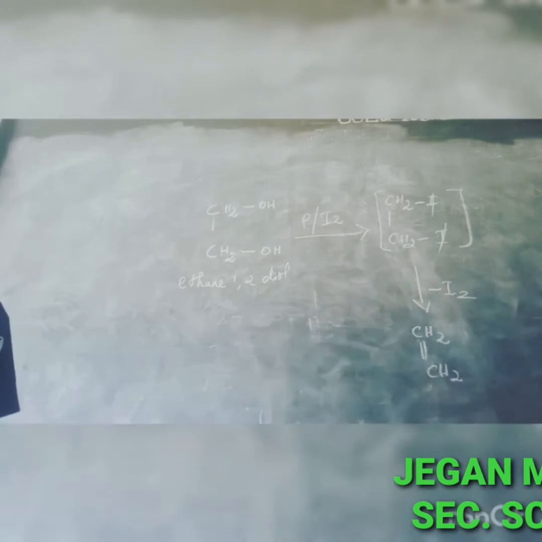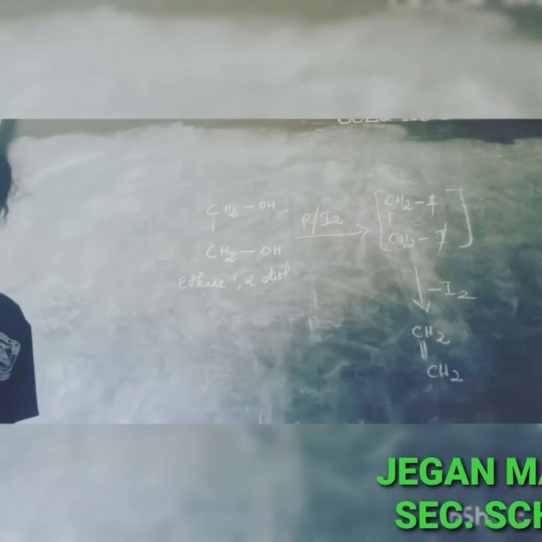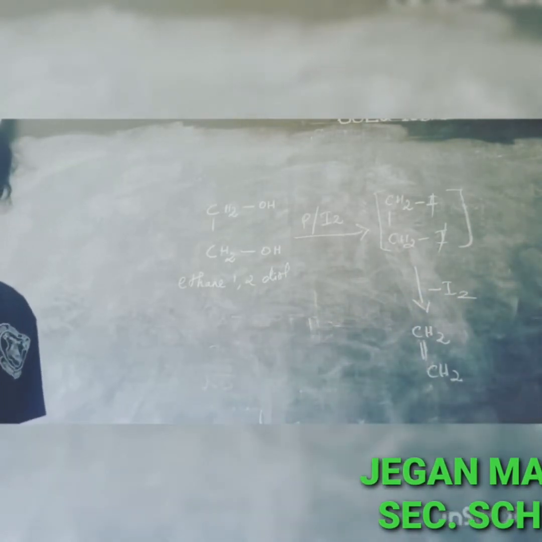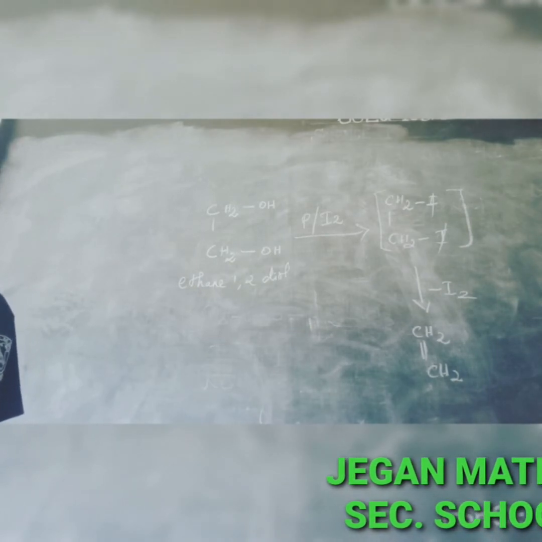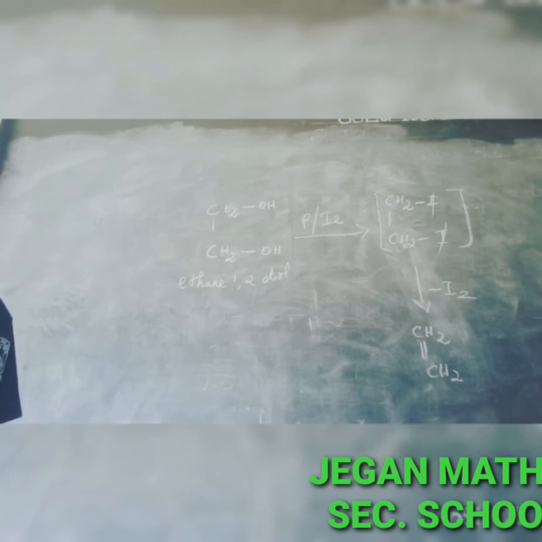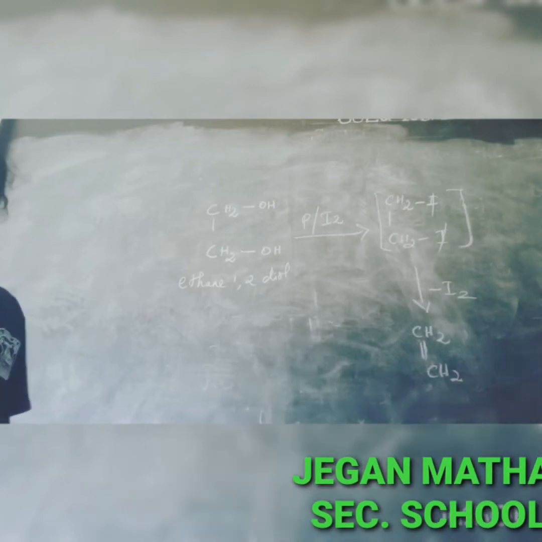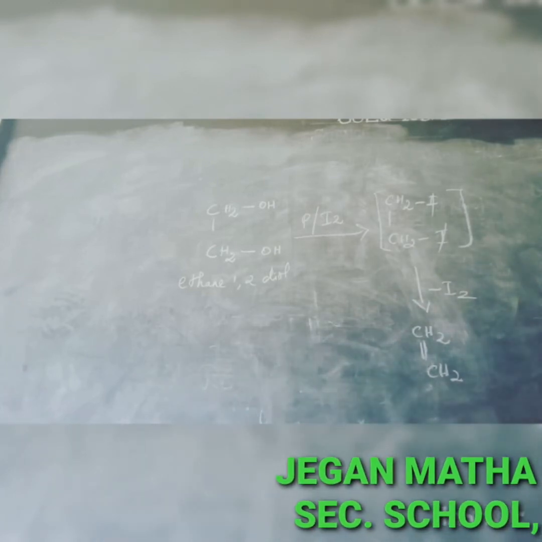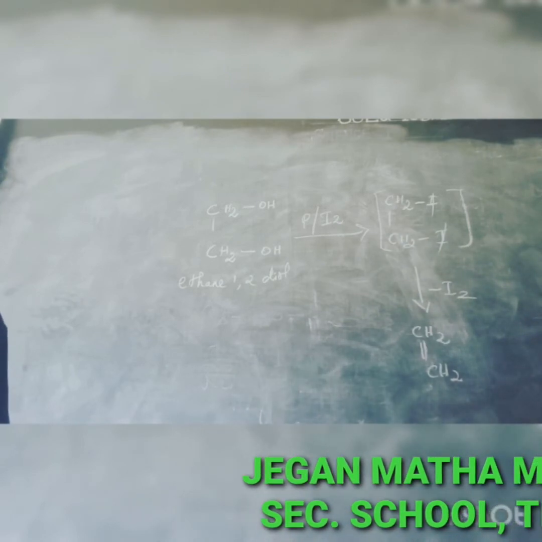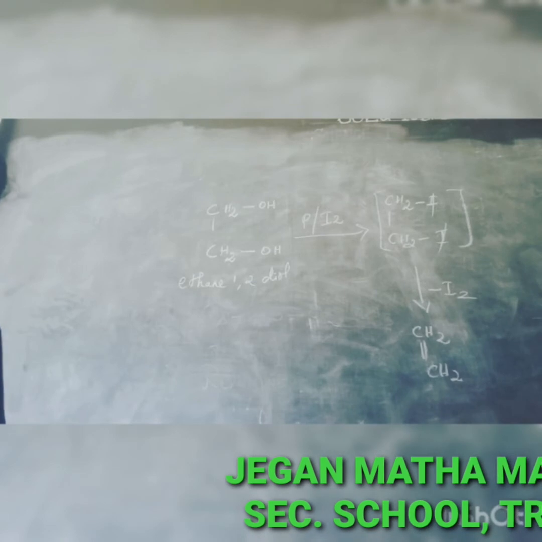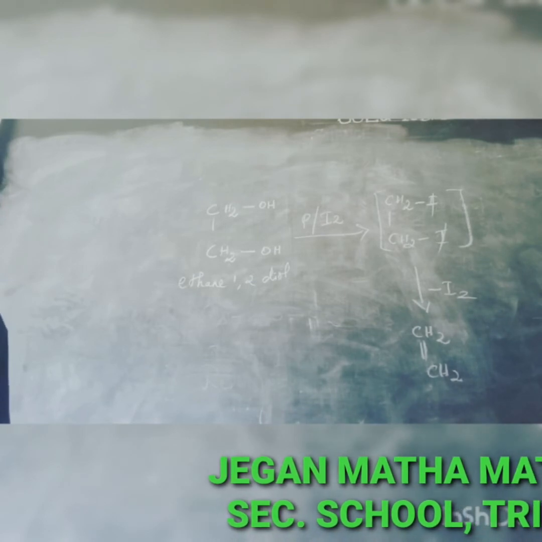And next one, on heating with conc. HNO3 in the presence of conc. H2SO4, ethylene glycol forms dinitroglycol. So here also ethane 1,2 diol is taken, in the presence of HNO3, two times HNO3, and conc.